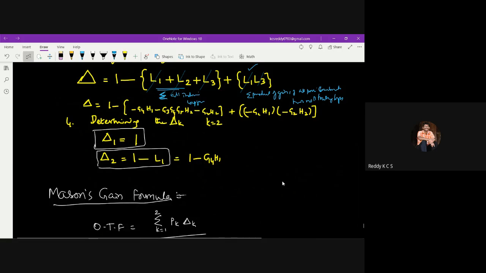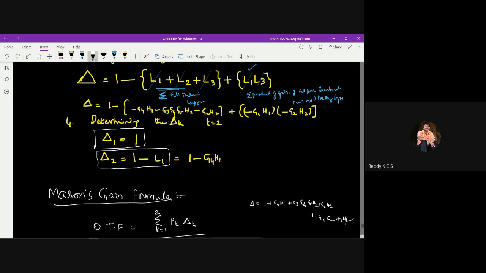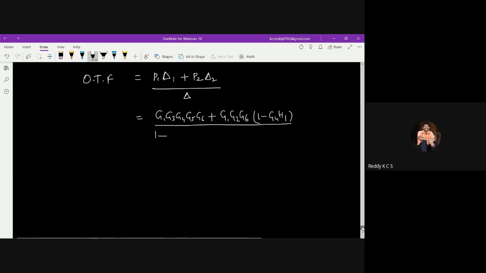I can write the del equation in a simple way: 1 plus G4 into H1 plus G3 G4 G5 into H2, then plus G2 H2. Here minus into minus gives plus, so then plus G4 G2 into H1 H2. So this is the del equation that I am writing in the denominator.